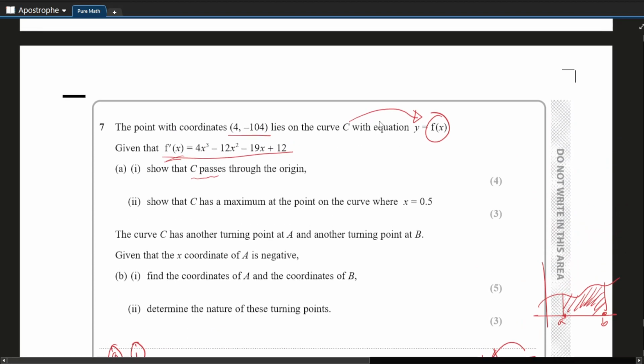Now f of x goes through this point. This point lies on C. That means f of x, this function, goes through this point, or this curve goes through this point. That means this point is true for this function. That means if we provide 4 as the value of x into this equation, the output f of x or y will be minus 104.